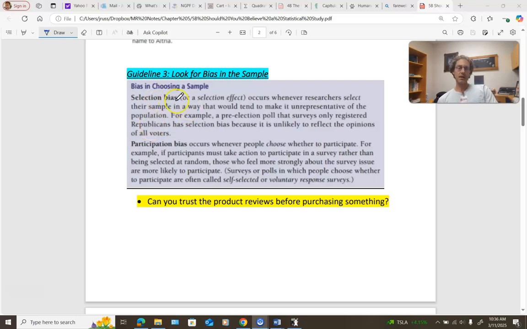And this has been evidenced in some of these political polls. I think I mentioned this previously.